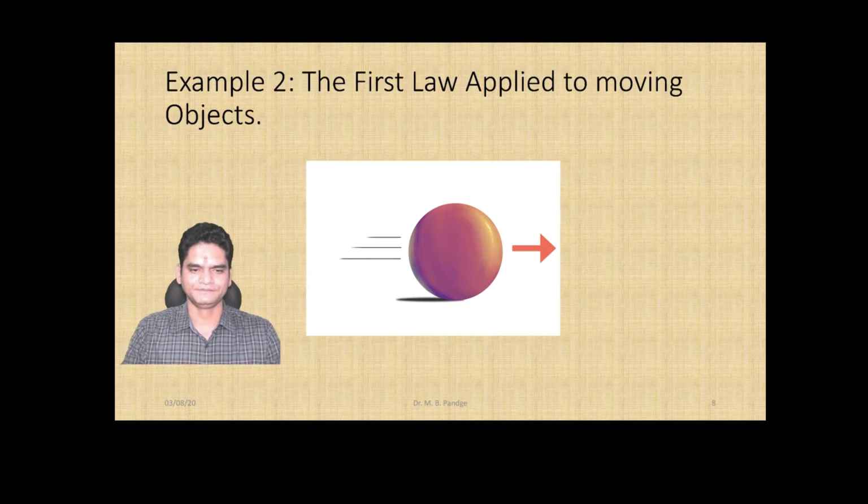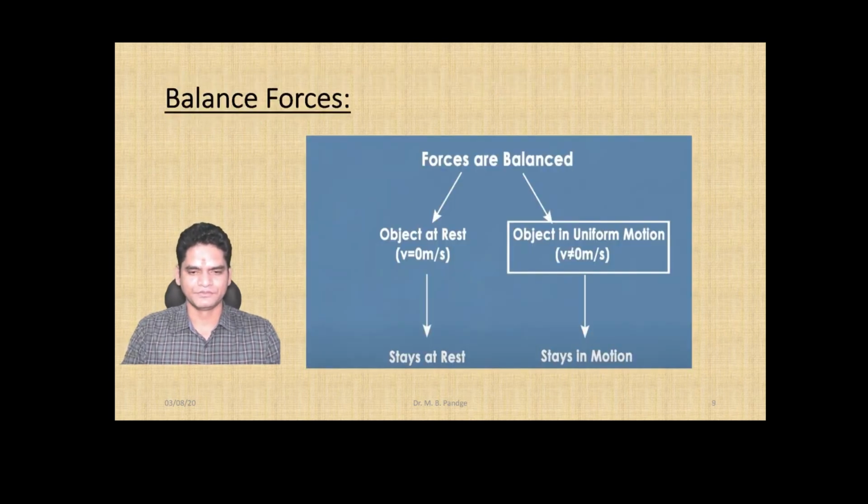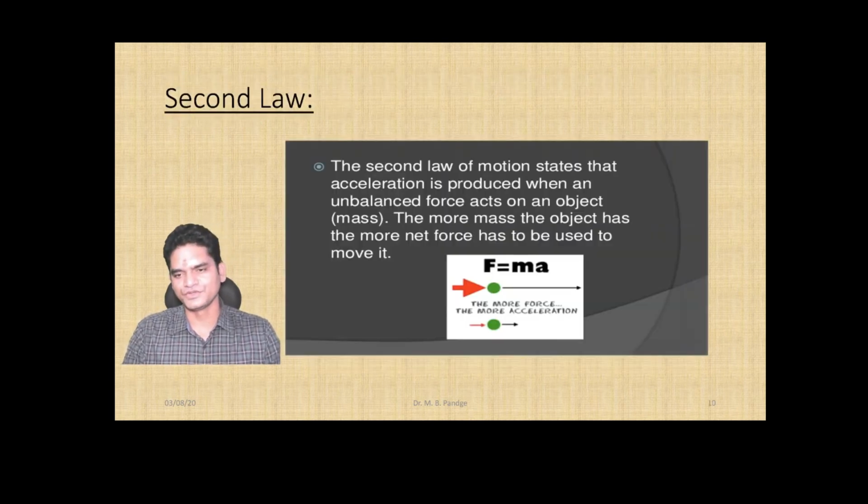Now, the second law. So the second law of motion states what? Newton's second law of motion states that acceleration is produced when an unbalanced force acts on an object. What do you mean by this? The main concept is acceleration.